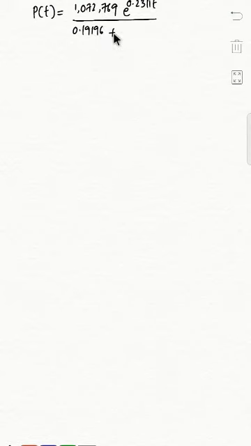So p of t is given by 1,072,764 e to the power of 0.2311 t divided by 0.19196 plus e to the power of 0.2311 t.